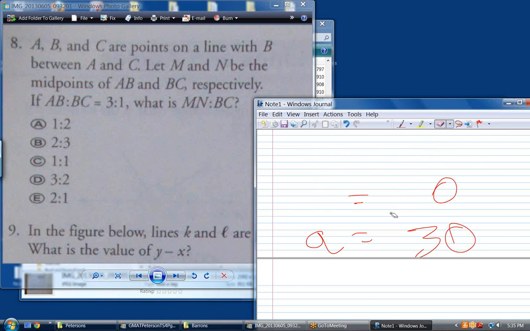Okay. Well, this one says A, B, and C are points on a line. So what's our first thing we're going to do? Draw a line.